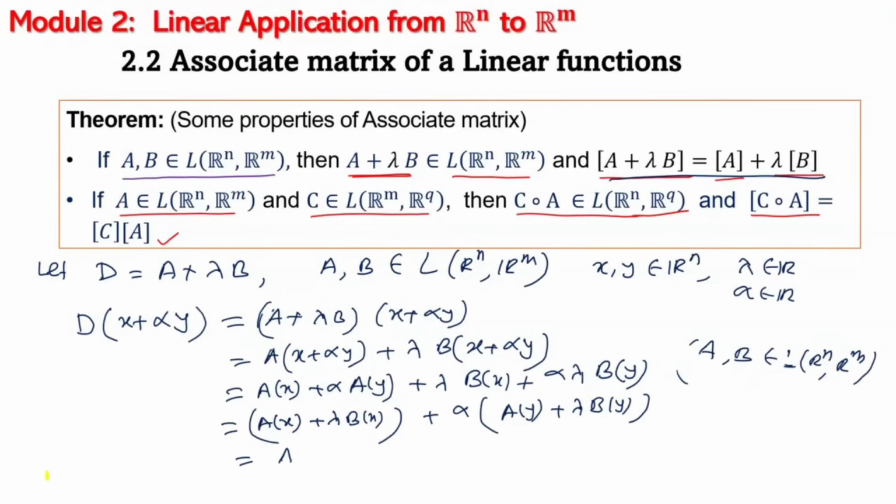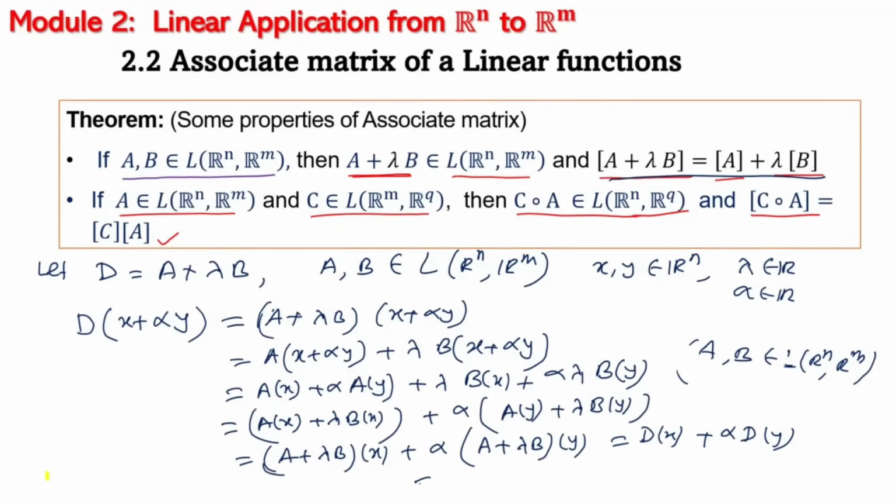So this gives you (A plus lambda B)x plus alpha (A plus lambda B)y. So this is Dx plus alpha Dy. So this implies D is linear from Rn to Rm. So we proved the linearity part.